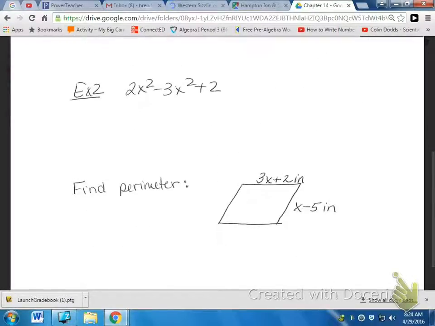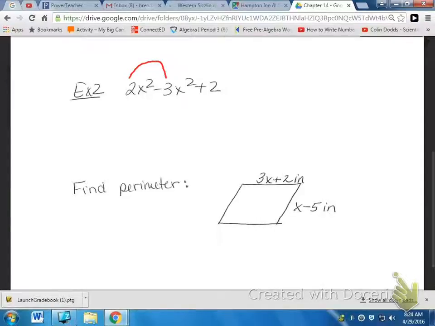example 2. 2x squared minus 3x squared plus 2. So you look for the highest exponent, and the highest exponent is what? 2. And we have a couple of those, so you would have to combine 2x squared minus 3x squared.